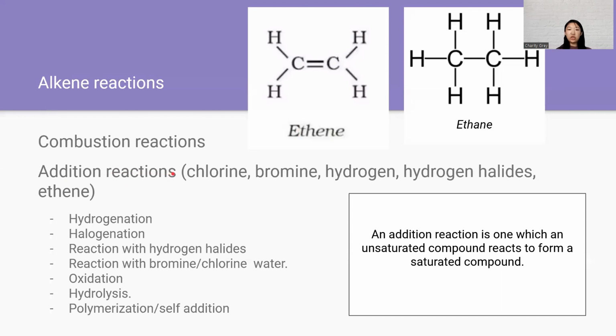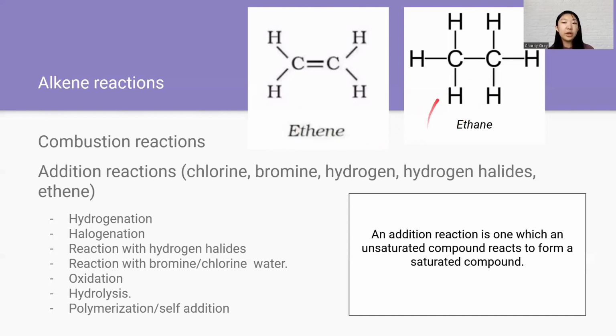So, addition reaction. We turn an unsaturated compound into a saturated compound where it has no double bonds or triple bonds. And we can do that through a variety of reactions. So what are we using to add to make it saturated? You can add a chlorine molecule to ethene. You can add a bromine molecule.